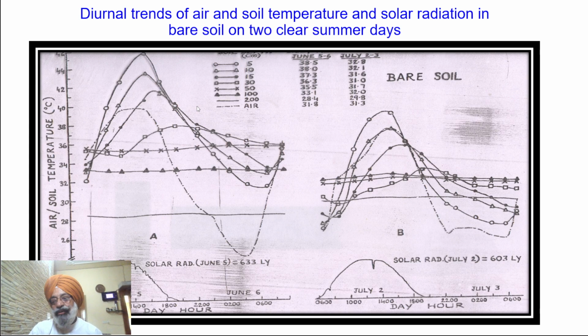Sunrise was around 05:30 hours in the morning, and the temperature was minimum at the surface. This is very interesting. This is the surface layer at 5 centimeter. At 10 centimeter, this hollow triangle, the temperature is higher. At 15 centimeter, this dot is still higher. Then at 30 centimeter, it is still higher, and almost similar at 50 centimeter depth.